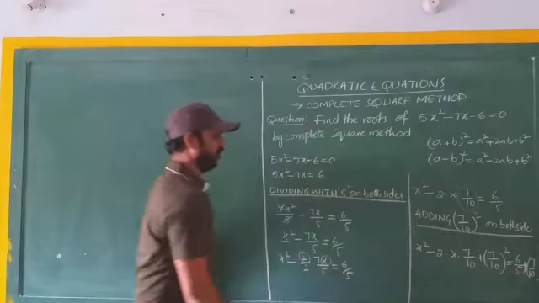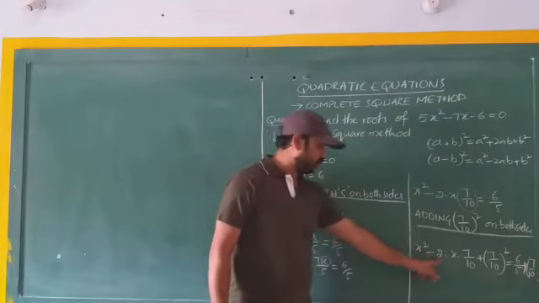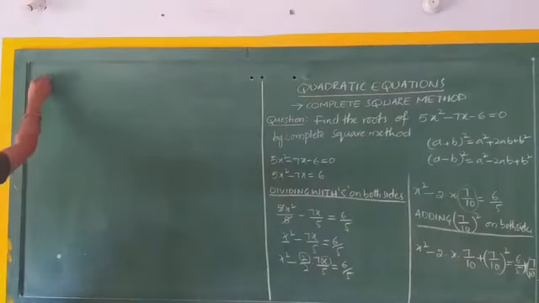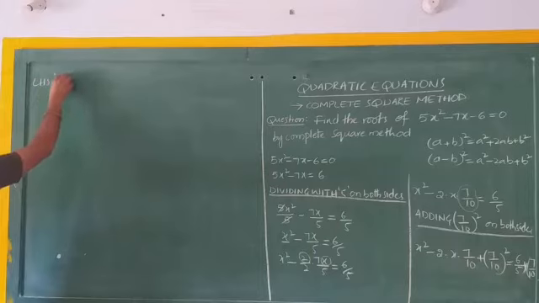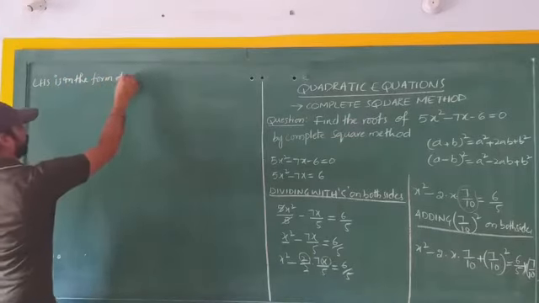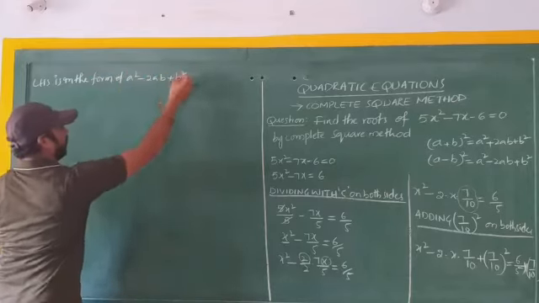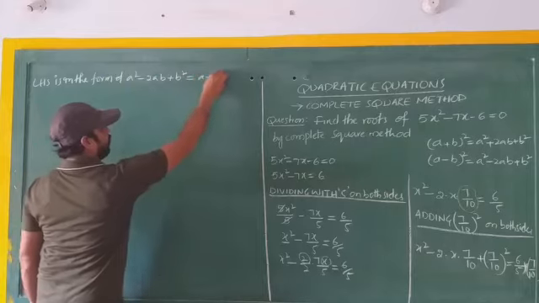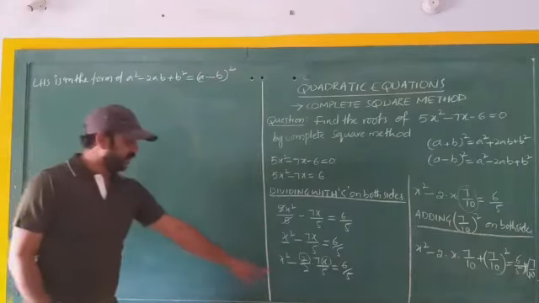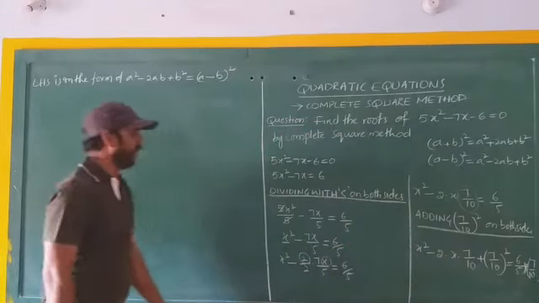Now clearly the left hand side, LHS, is in the form of a square minus 2ab plus b square, which we convert into a minus b whole square, and the a value is x, and the b value is 7 by 10.